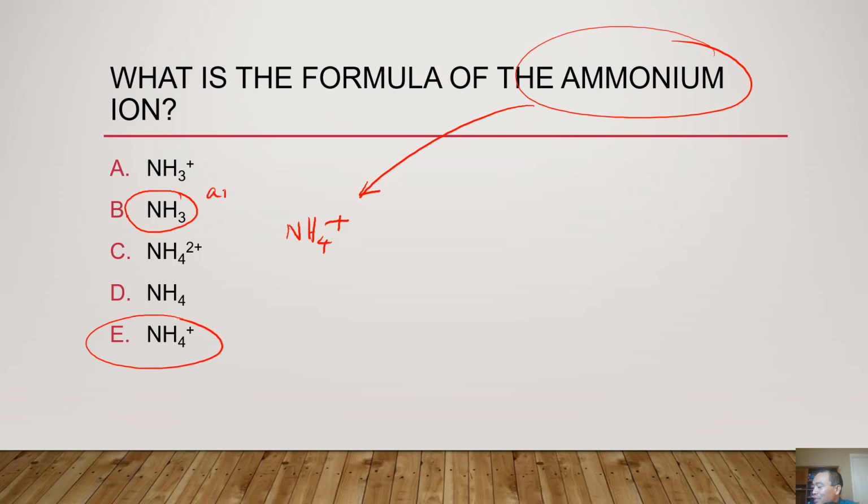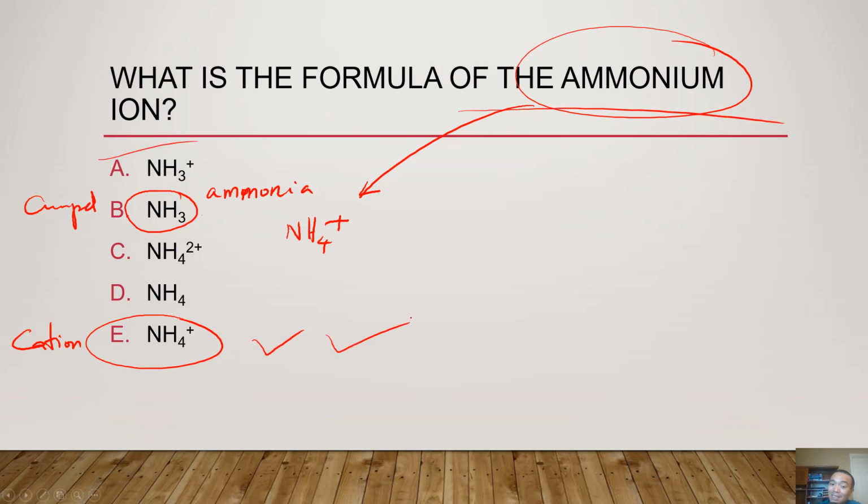This is called ammonia. Hey, remember, ammonia, this guy is a compound. And NH4 is a cation. So what is the formula for ammonium ion? The correct answer would be E. You simply have to memorize it.